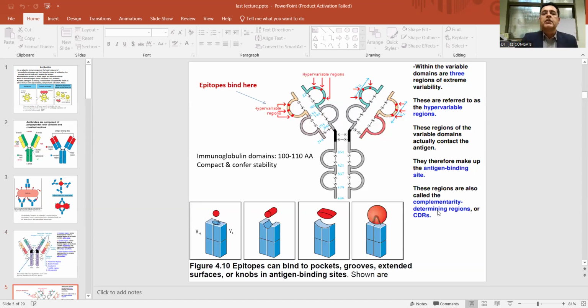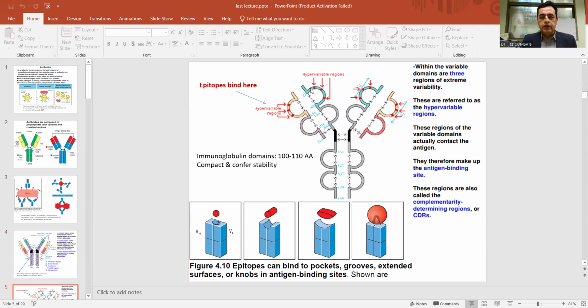So this is also called the complementarity determining region, or CDR. An antibody can have CDR1, CDR2, and CDR3, complementarity determining region 1, 2, and 3. And these can also be called hypervariable region 1, 2, and 3.